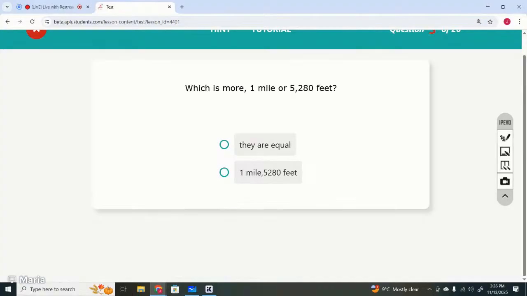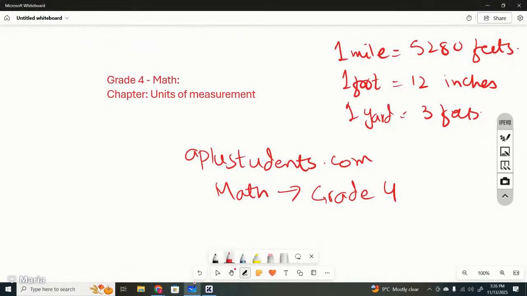Which is more, 1 mile or 5,280 feet? The next unit we learn in this lesson is the mile. We know that 1 mile equals 5,280 feet, right?